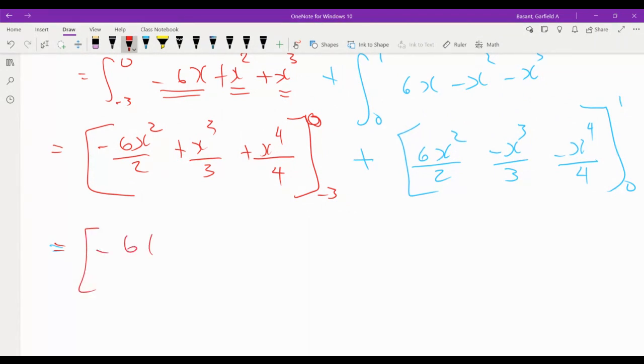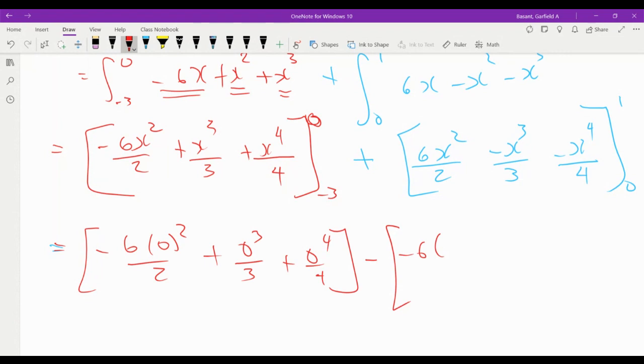I understand. 6 times 0 squared over 2 plus 0 cubed over 3 plus 0 to the fourth over 4, right? And you're going to minus negative 6 times negative 3 squared over 2 plus negative 3 to the third over 3 plus negative 3 to the fourth over 4, right?